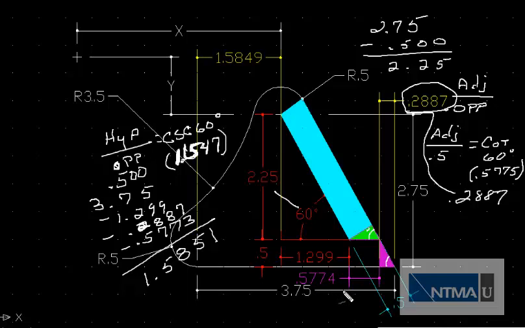All right. So then what we're going to do is subtract everything. We have the 3 inches, 750 thousandths, which is the distance from here all the way over to the end, minus this, and minus this. So 3 inches, 750 thousandths, minus the 1 inch, 299, minus the 288 and 7/10.